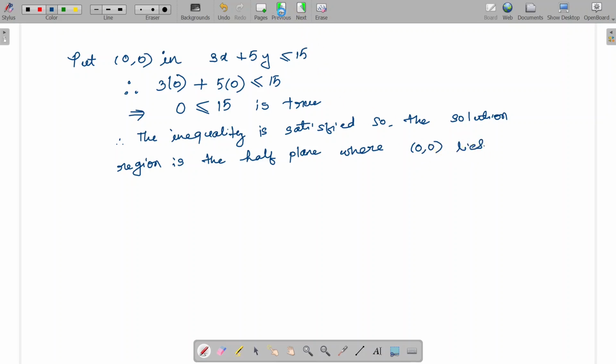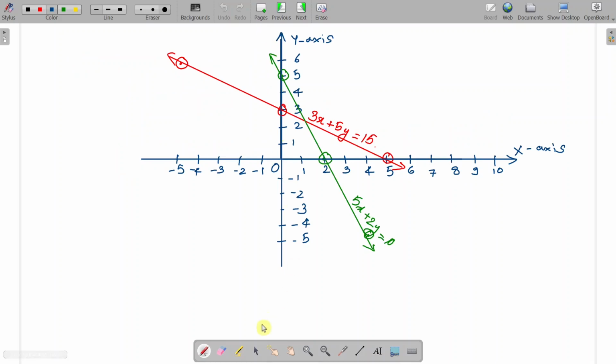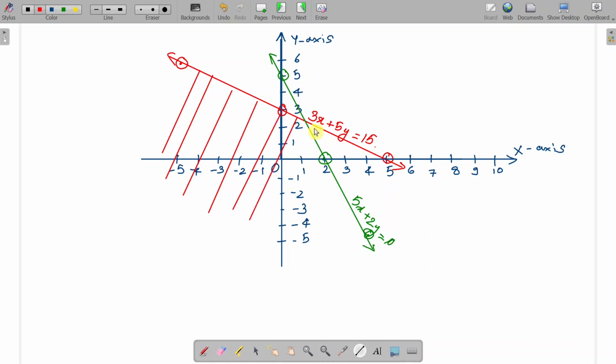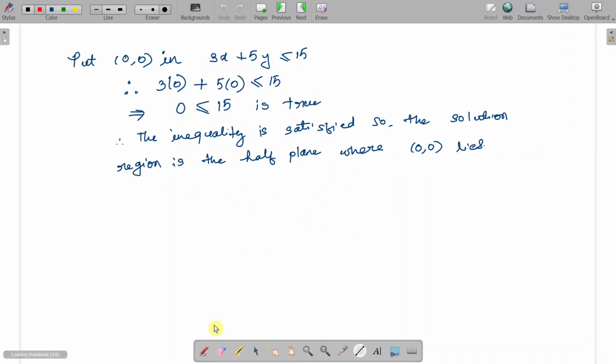So the solution region for the first line is on the side where 0, 0 lies, right? So on this side of the line. Now let us find the solution region of the second line.